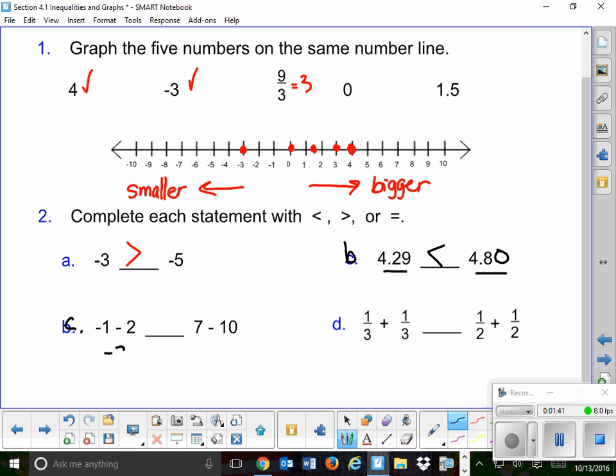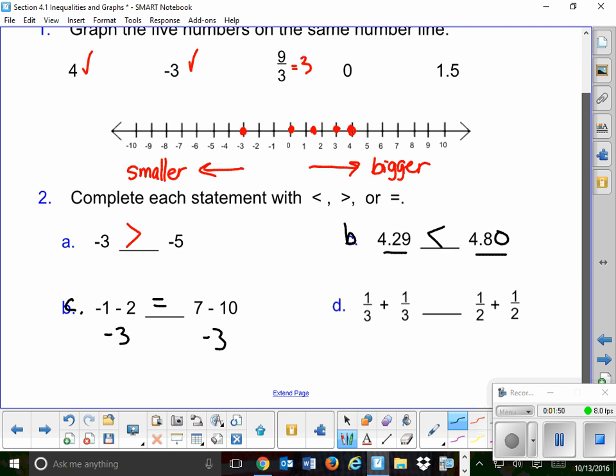For subtraction, -1 minus 2 is -3, and 7 minus 10 is -3, so those are equal. And the last one, 1/3 plus 1/3 is 2/3, and 1/2 plus 1/2 is a whole, and a whole is bigger than 2/3, so that's a greater than symbol.